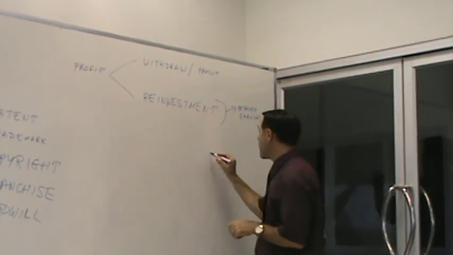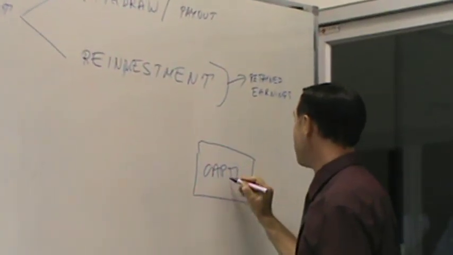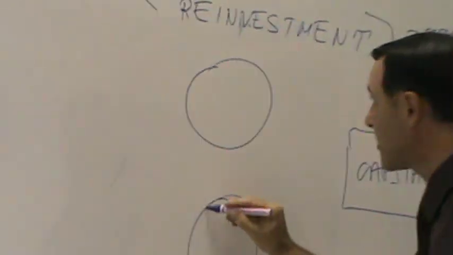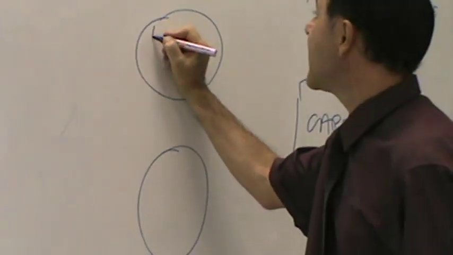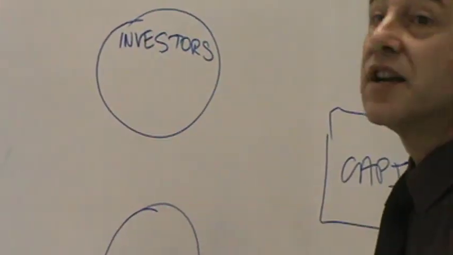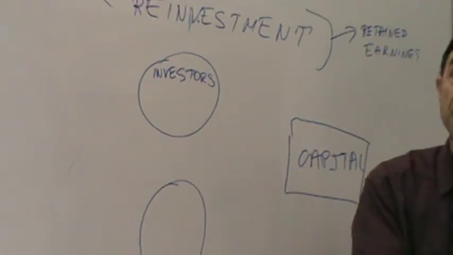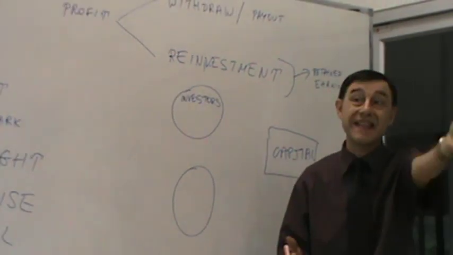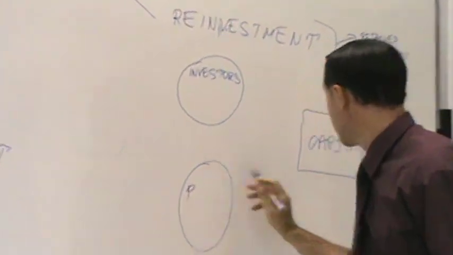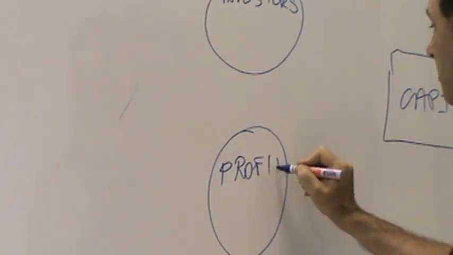Okay? A different way of saying the same thing is that you have capital. And you have only two sources of capital. The first source of capital is investors. So, investors invest in the business, okay? You say, you put in 50,000 out of your own money, or you find a partner, or somehow you find investors. And the other way to grow your capital is profit.